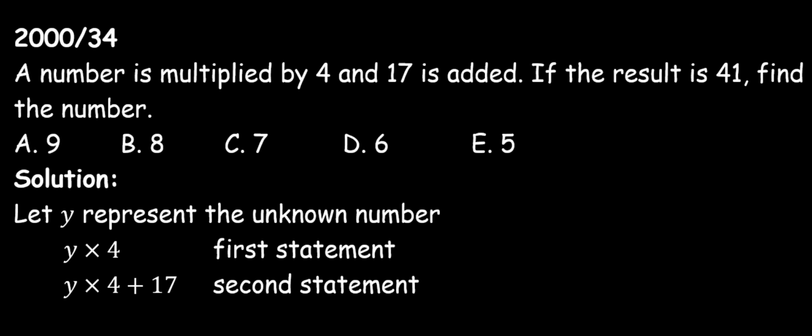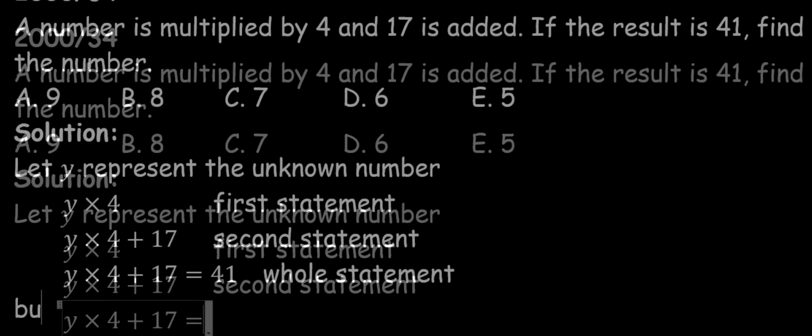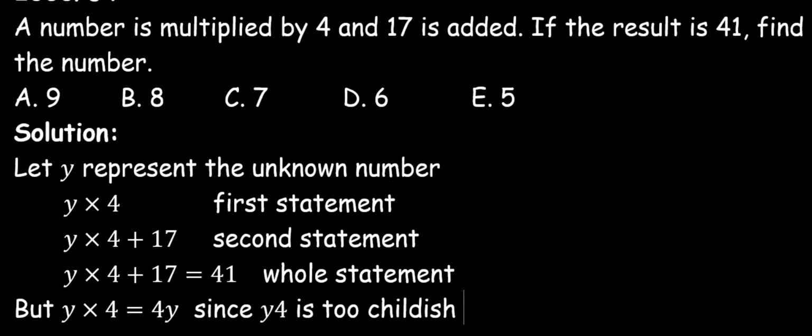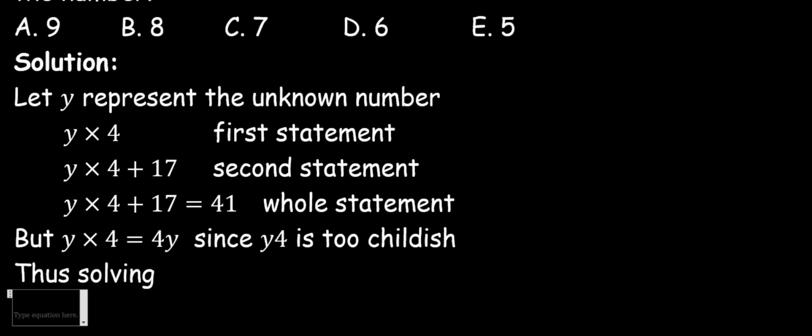Next, the whole statement put together is y times 4 plus 17 equals 41. But y times 4 is the same thing as 4y, since y4 is too childish. Thus, we have 4y plus 17 will be equal to 41.